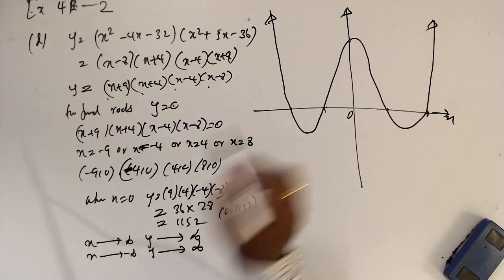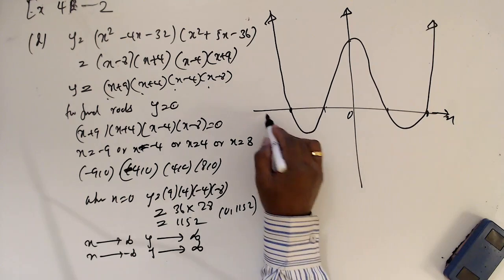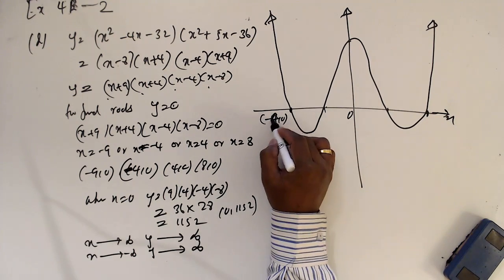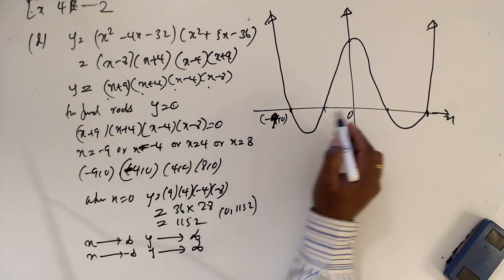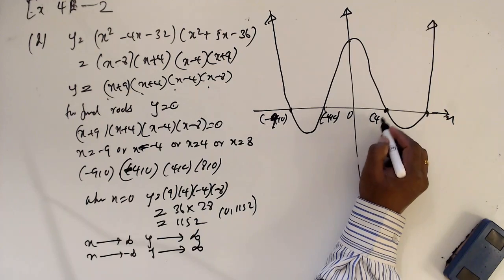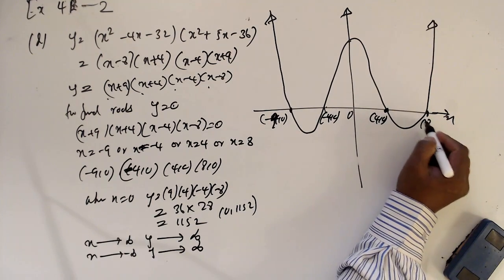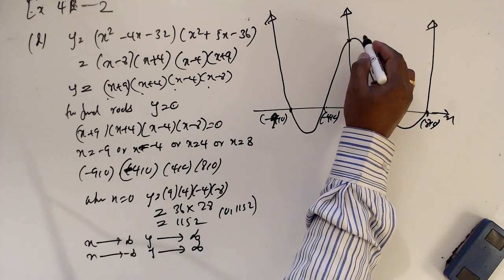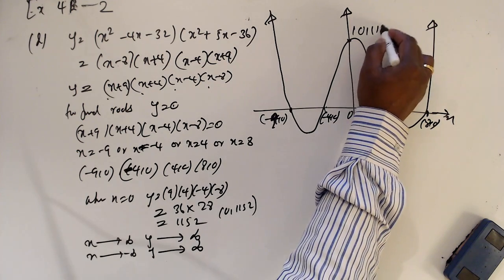Zero, and this point is (-4, 0), (-9, 0), (-4, 0). This point is (4, 0), this point is (8, 0), and this is 1152, (0, 1152).